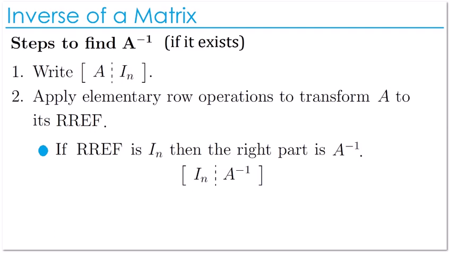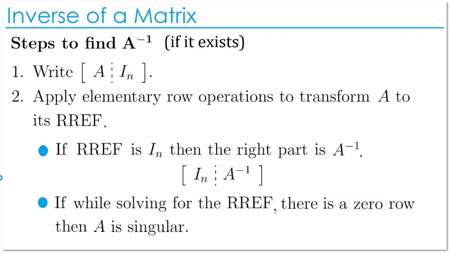If the RREF of A is not the identity matrix, then A is singular. In fact, while solving for the RREF of A, once there is a row consisting entirely of zeros, even if we have not yet obtained the RREF, we can already conclude that A is singular.